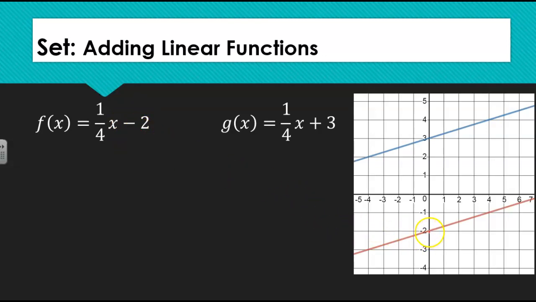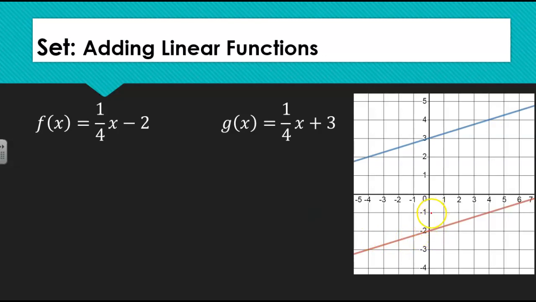We have our y-intercept. That's where our line or our function intersects the y-axis. So we're starting at -2, and our slope has a change in the y values, or a rise of 1, and a change in the x values, or a run of 4. So in order to get to the next point on our line, we're going to start at our y-intercept -2.